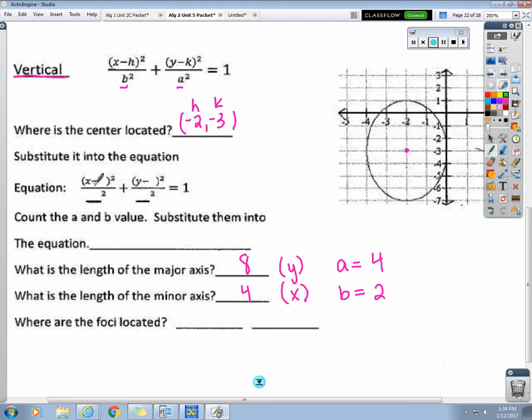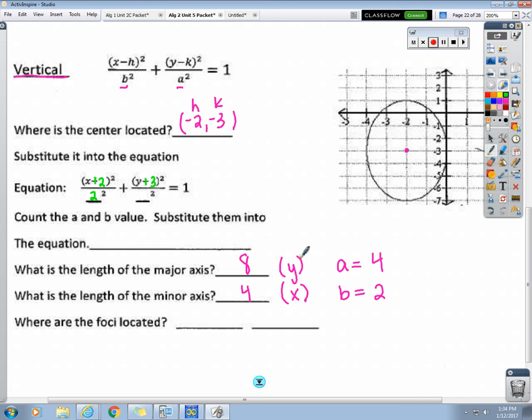X minus H would become X plus 2, because a minus and -2 is plus 2. Y minus K would become plus 3, because a minus and -3 becomes plus 3. And then under the X this time, you're putting your B value, because that's the minor axis. And so 2 squared.